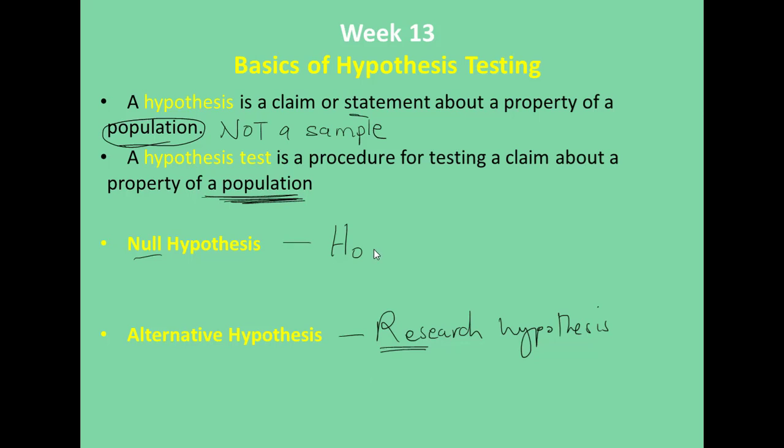Whereas the null hypothesis is a statement of equality where we use the equal sign, the alternative hypothesis is a statement of inequality. Basically, we would say not equal to, or greater than, or less than. So these are the three ways in which we can state the alternative hypothesis.